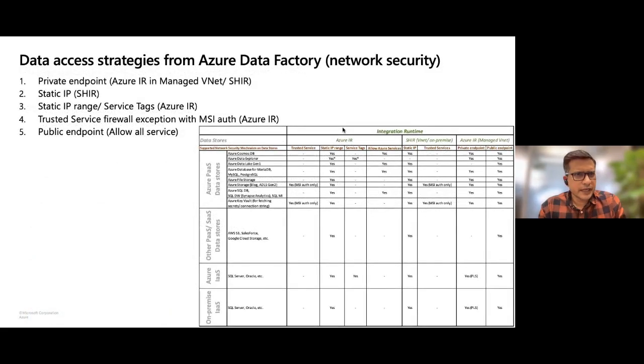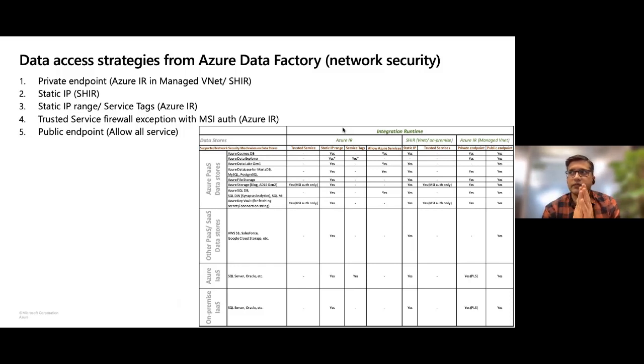So from the network security, or data access strategy side of Data Factory, here's a quick table for reference. You can go through that later. But what I want to touch upon on this slide is the most secure way that you can use Data Factory to access your data stores, which is using private endpoints.